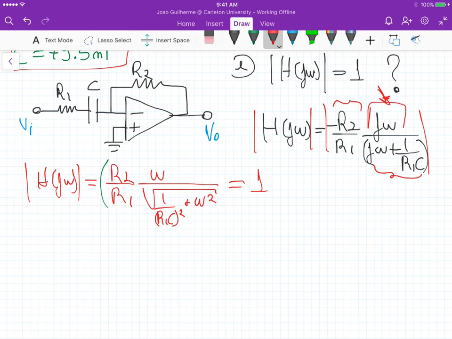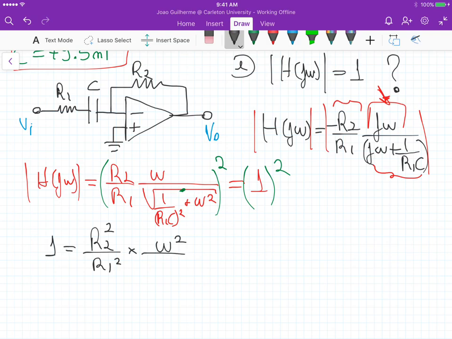So if we take the square of this left hand side in here to get rid of this square root here, we get that 1 is equal to R2 over R1, and let me use it this way here, so they are both squared, times ω squared divided by ω squared plus 1 over R1C squared.